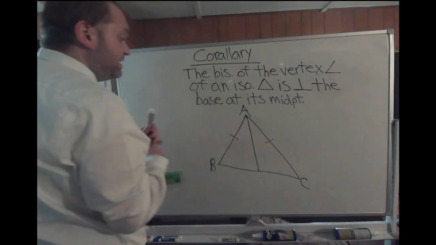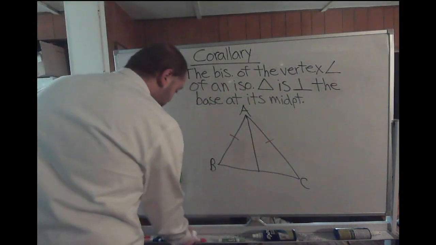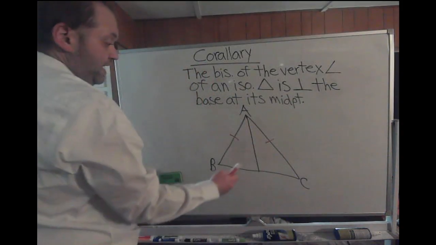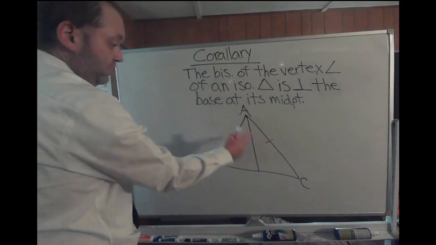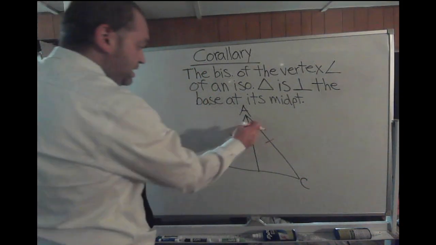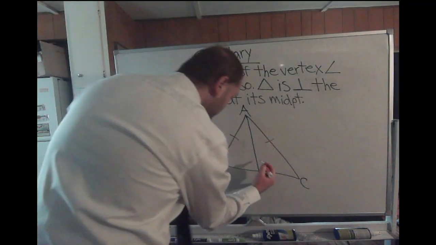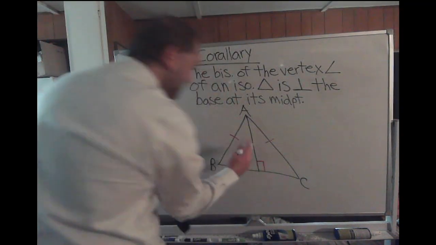Well, since this is an isosceles triangle, and this only works in isosceles triangles, that angle bisector of angle A coming all the way down to BC, the base, is perpendicular to BC at its midpoint.